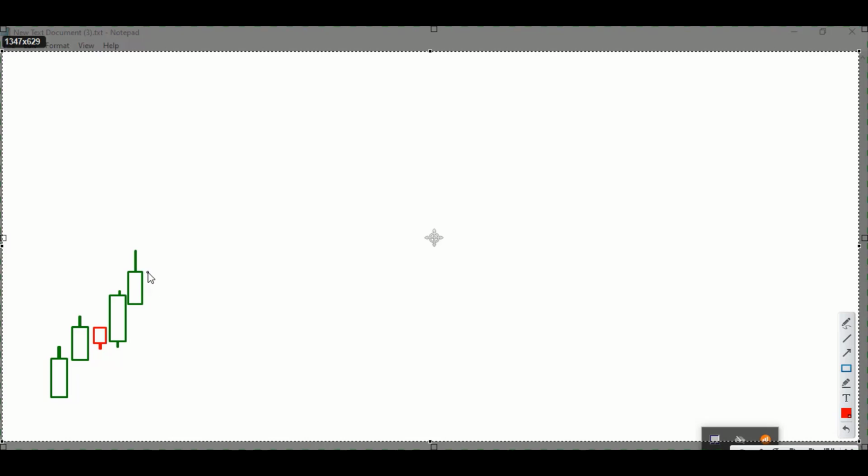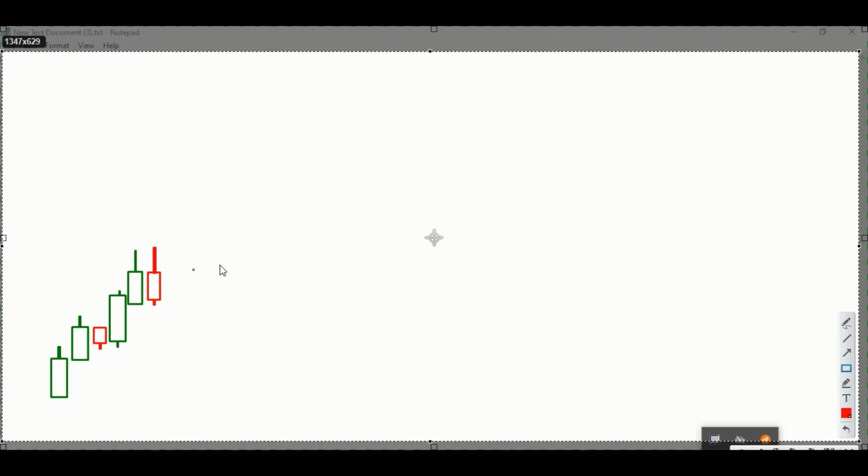The shape of this red candle is different, different place, different shape, but we have to realize the main concept of this pattern. This is the rejection, and this is also the rejection. So these two rejections, we have to know from where the rejection comes in these two candles.